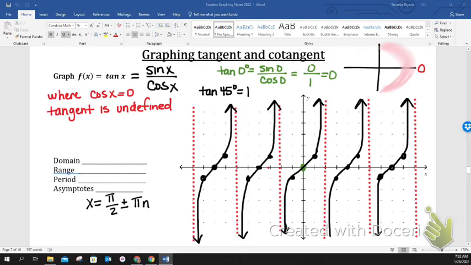So we have a vertical asymptote at 90 degrees plus and minus 180. Your domain is all real numbers. X cannot equal pi over 2 plus and minus pi n.